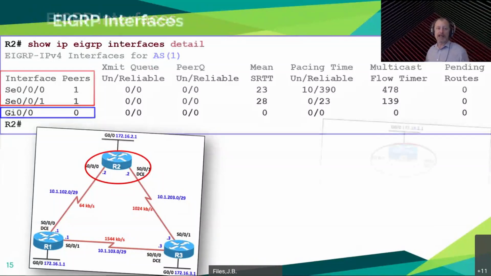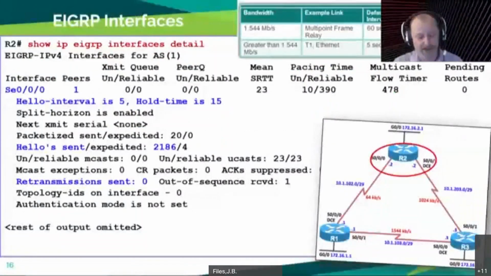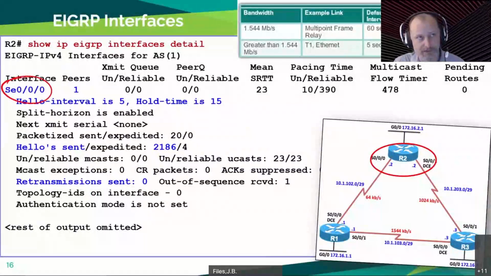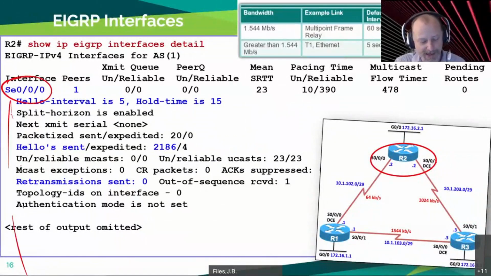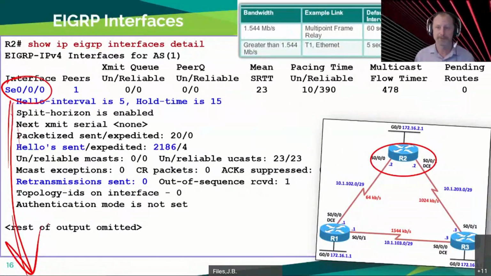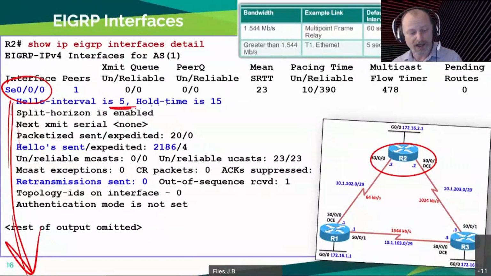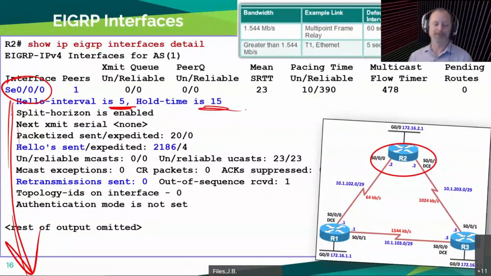Okay, we can add the detail keyword and get a lot more information on each interface, right? So here's Serial0/0/0. And the rest of the interfaces that are participating would show up. Okay. So we can see, you know, the hello and hold time.